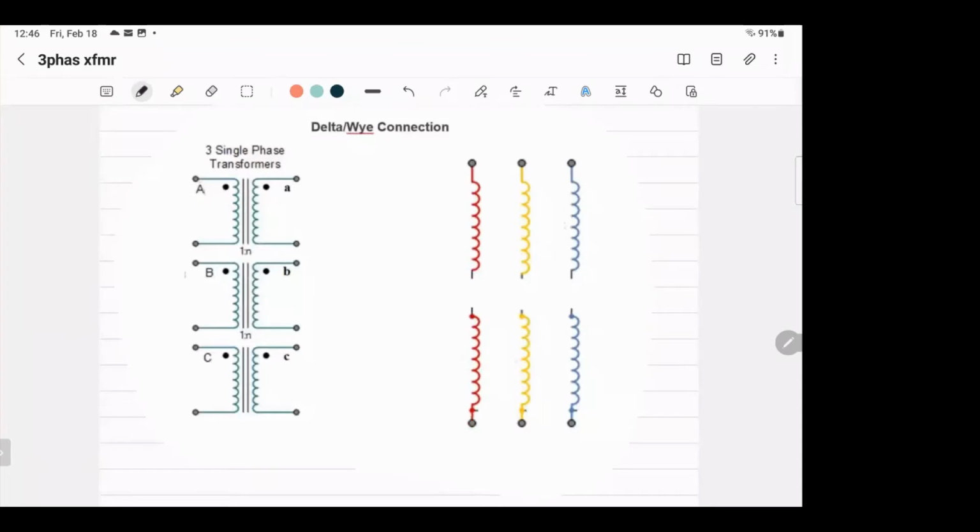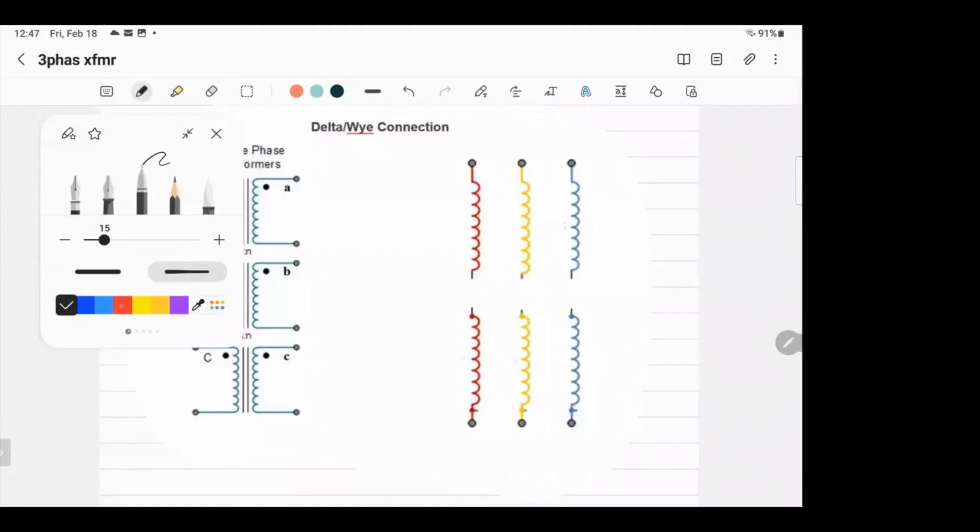That's the primary, and any winding has a beginning and an end: one terminal and a second terminal. To do the delta connection, if you remember from the three-phase lab, you connect the end of the winding to the beginning of the following one. So that's what I'm going to do.